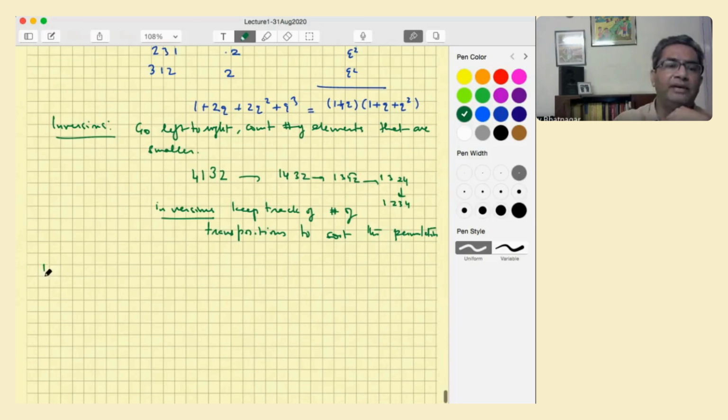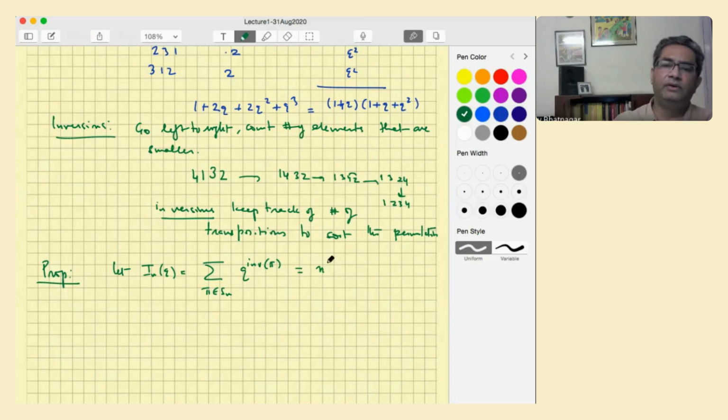Okay, so anyway, here's my proposition. Let I_n(q) be the sum over pi belonging to S_n of q raised to the inversion of pi.